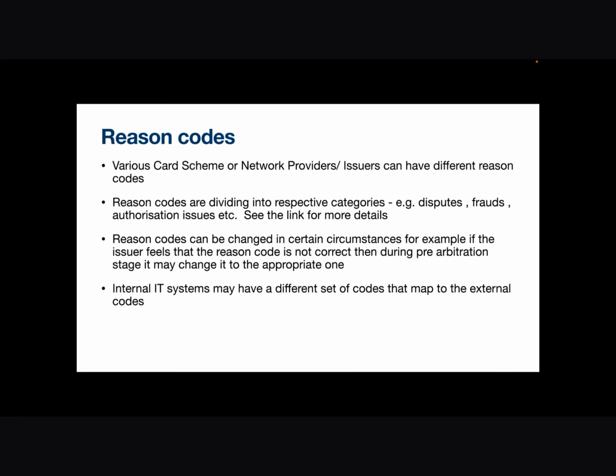Maybe the issuer thinks that it's a fraudulent transaction, or that the cardholder was not physically present when the card was swiped, or that the cardholder has provided sufficient proof that this is not a legal transaction. So there are multiple sets of reason codes. And like I said, it could be network providers, which are basically your card schemes, or the issuers who can have these reason codes.